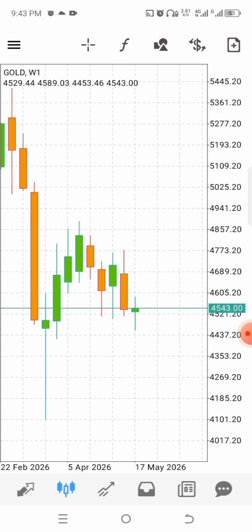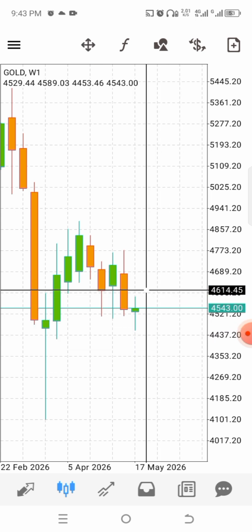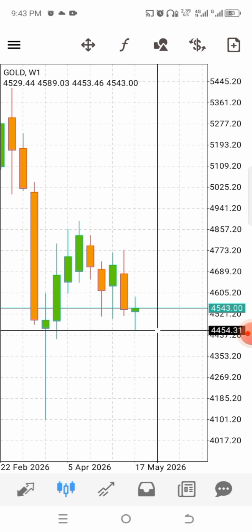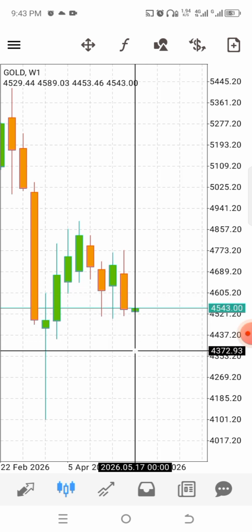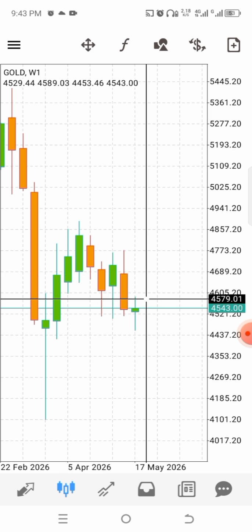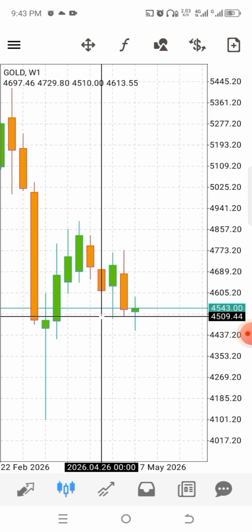Where is it? On the weekly time frame, a deceptive bullish price action as we speak. And we are hoping that it doesn't, because I said that it is using a backup cheat code on a weekly time frame. So we are just hoping that the bearish price action based on liquidity principle takes place.